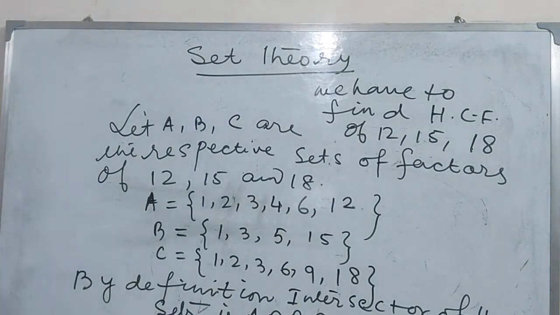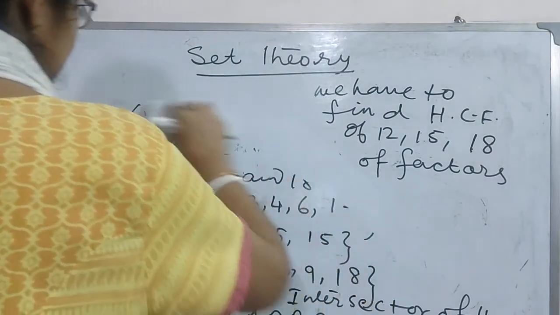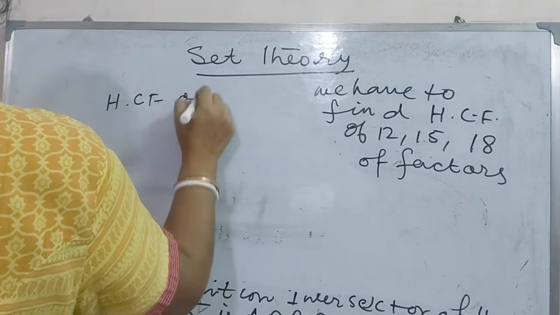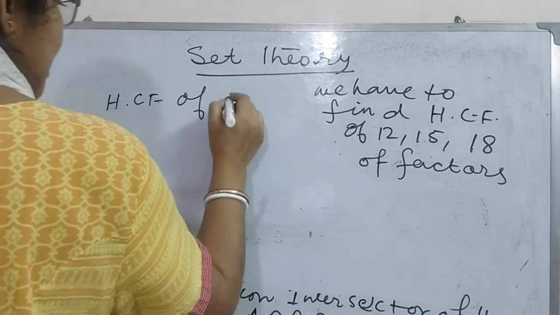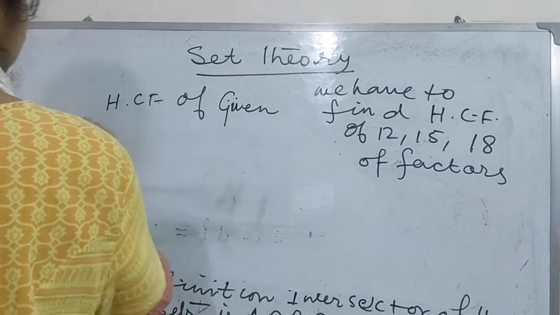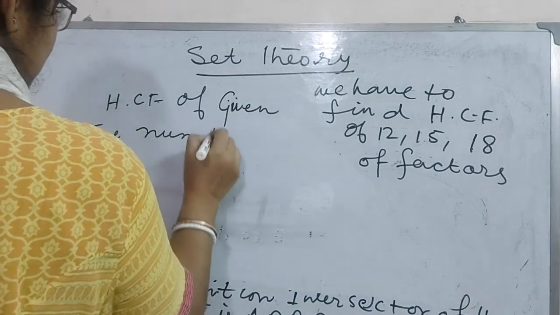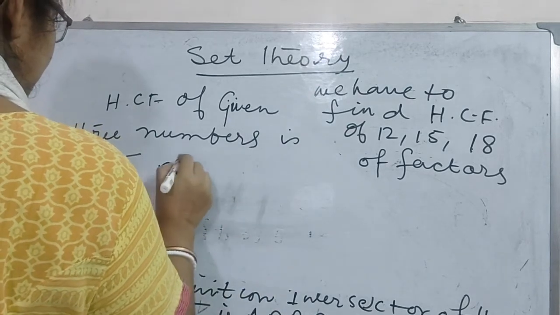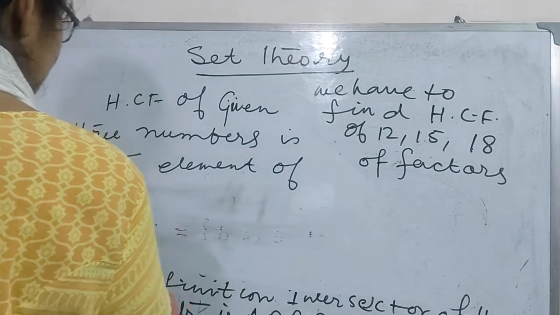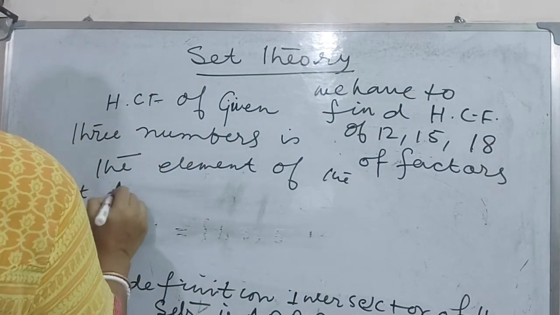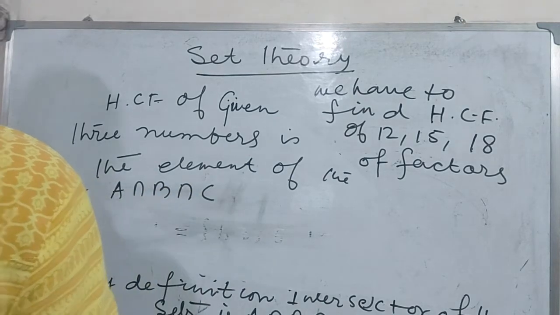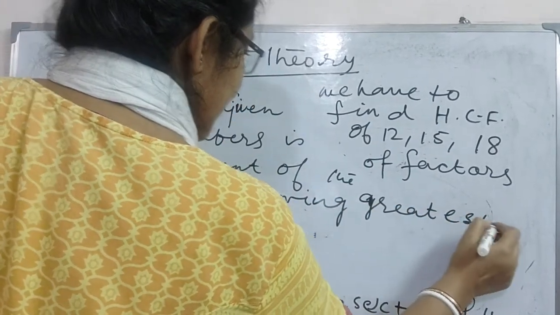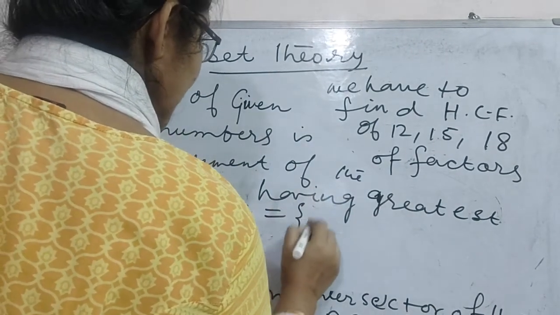Clearly, the HCF of the given three numbers is the element of the set A intersection B intersection C having the greatest value, that is equal to 3.